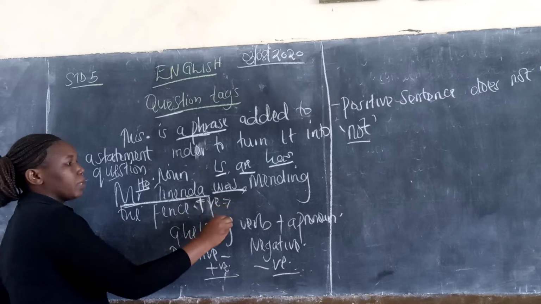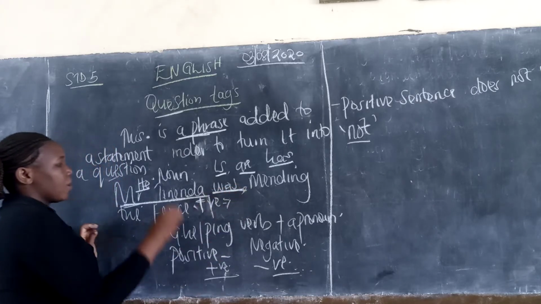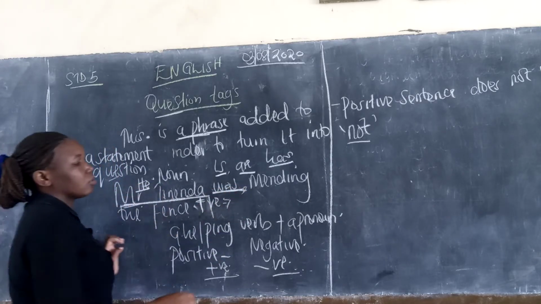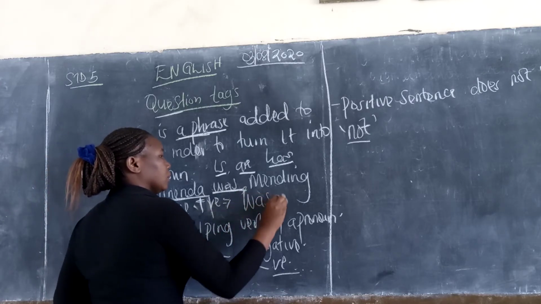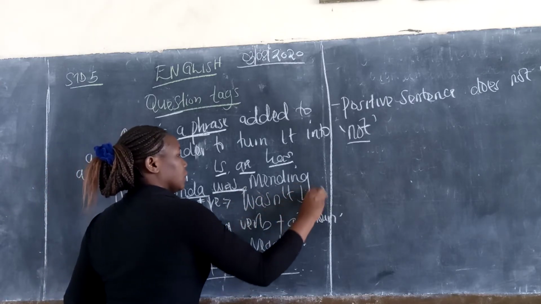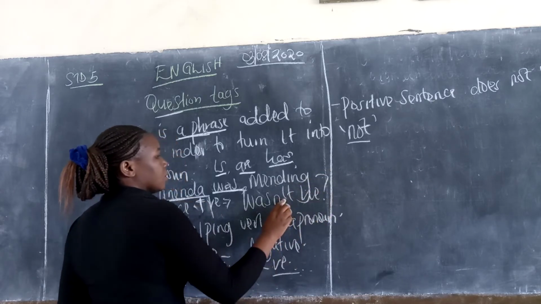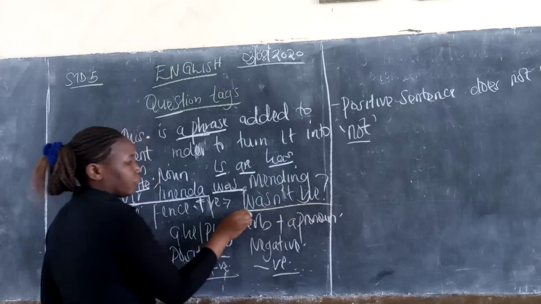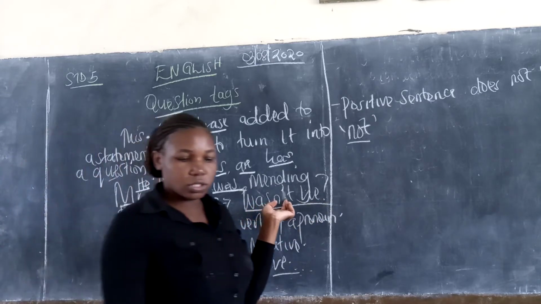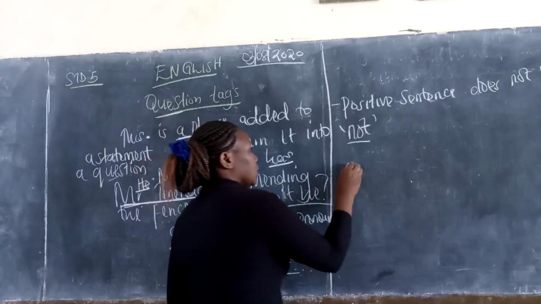So Mr. Tinenda was mending the fence. Here is our helping verb, and our pronoun we have said is he. So the answer should be wasn't he? This apostrophe is the short form of not.